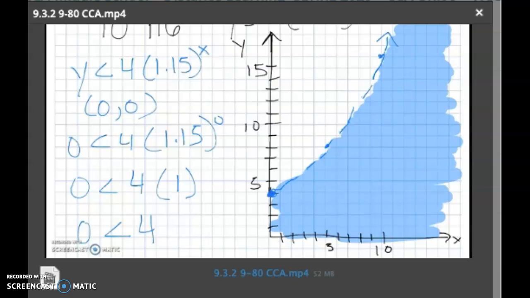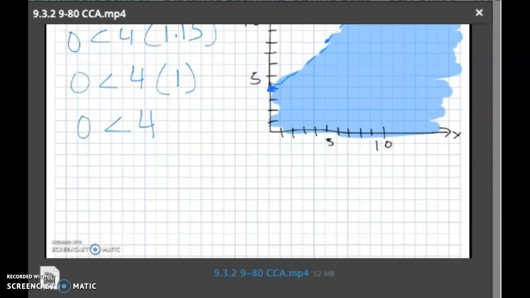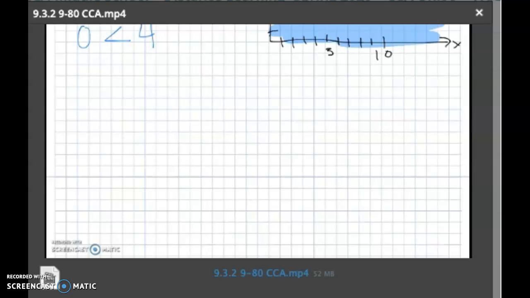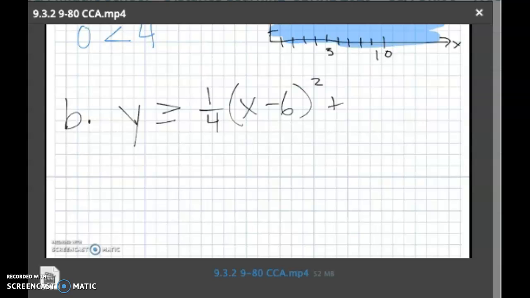All right, now let's take a look at B. In B, we have the inequality y is greater than or equal to 1/4 times x minus 6 squared plus 3/4.